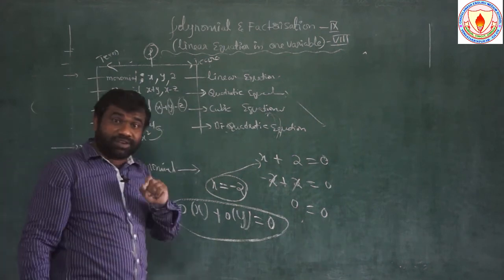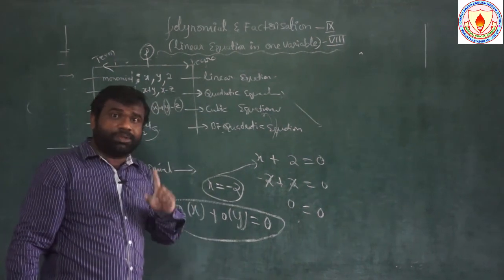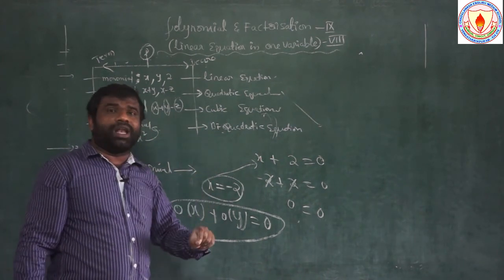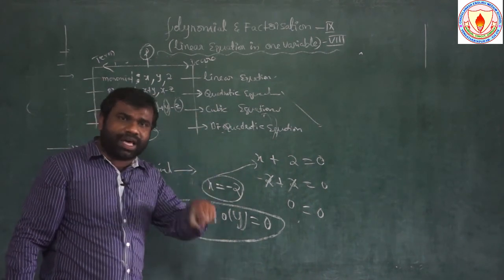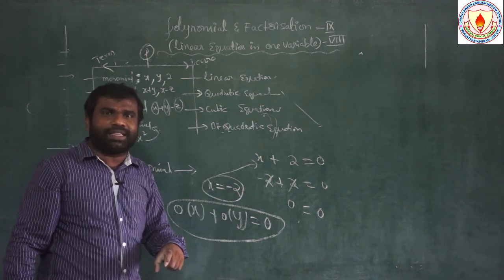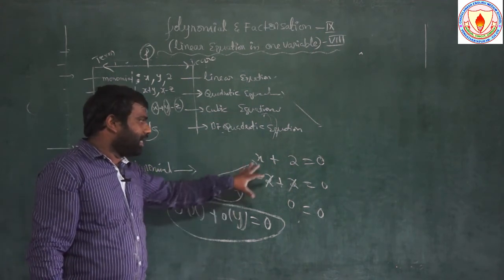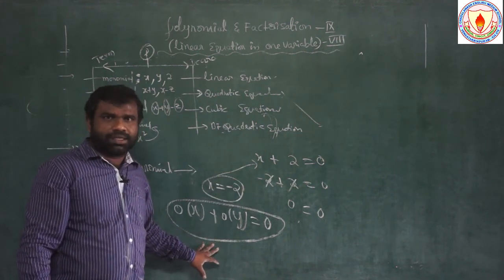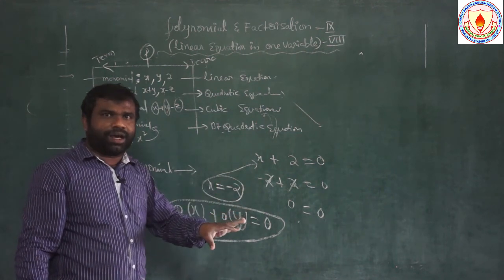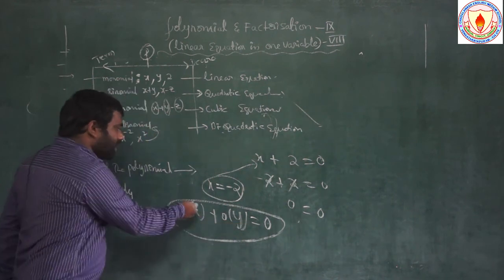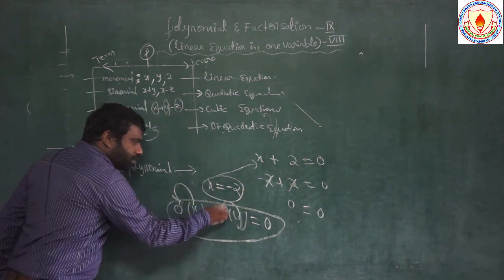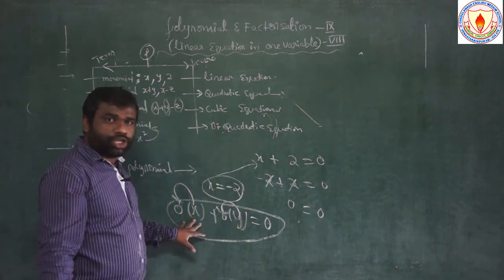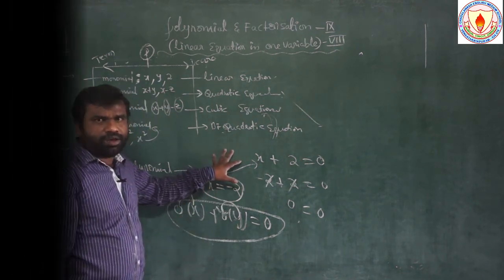Zero polynomial is different from the 0 of the polynomial. 0 of the polynomial means what value we have to substitute in place of the variable to satisfy the equation. Whereas zero polynomial is about coefficients, the number beside the variable is the coefficient. So this is the zero polynomial, this is the 0 of the polynomial.